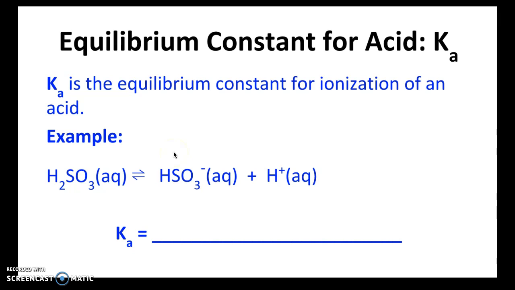So if you wanted to form SO3 2 minus, you would then need to write another equilibrium equation where HSO3 minus is on the reactant side, and that breaks down into SO3 2 minus and H plus. So this is the correct ionization equation. And then when we do the equilibrium constants, it's products over reactants. And so this is what it looks like.